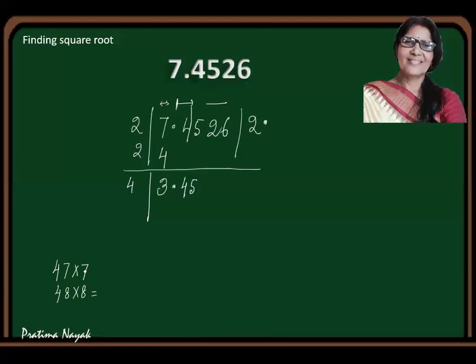Let us check which can fit. 7 times 47 is 329. If I multiply 8, it is 384. So I'll put 329.